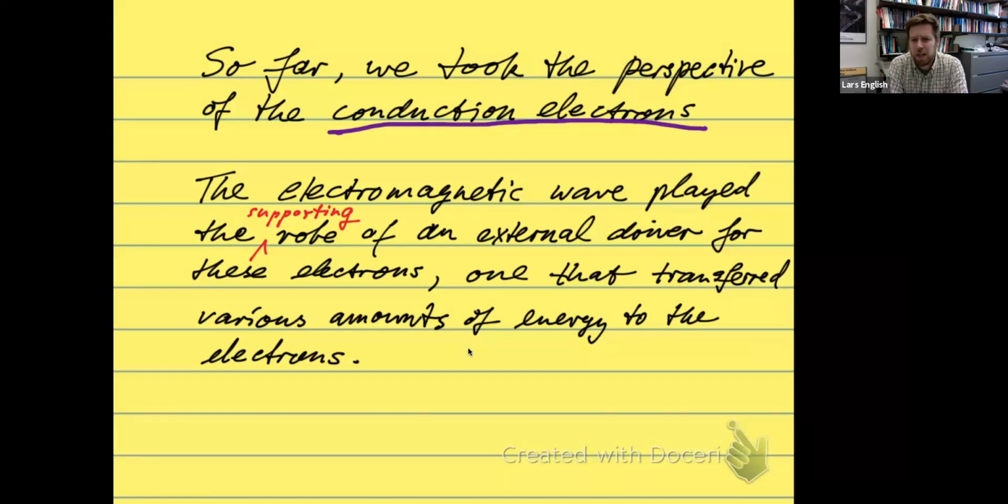And that basically means that no energy is transferred from the electromagnetic wave to the electrons. And so, since no energy is transferred, the electromagnetic wave can continue unabated, without attenuation, in the metal. But that only happened at sufficiently high frequencies.